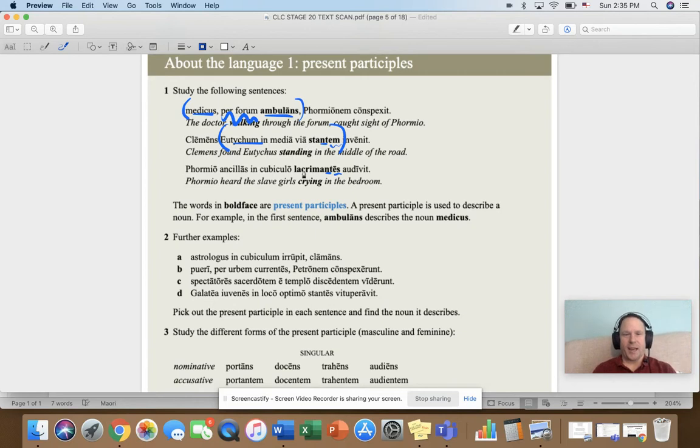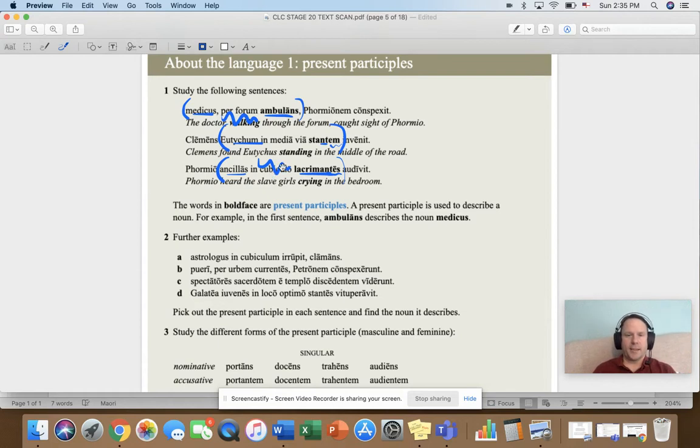All right, and if you can see in this third example, we have another participle sandwich. Now the slave girls are crying, lacrimantes, and so here is your one bun or the bread, and here is the other, lacrimantes, and then we've got some stuff in the middle. So participle sandwich. So Formio heard the slave girls crying in the bedroom.